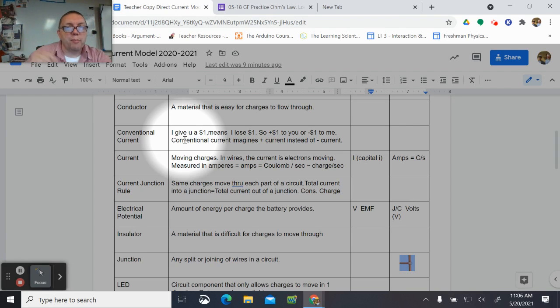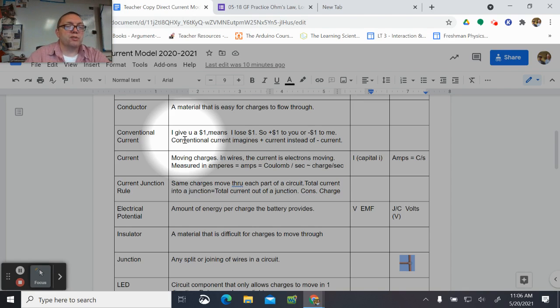So what we can say is that if I give you $1, I lost $1, you gained $1. So we can say it's a +1 to you, which would be like conventional current, a positive going that way. Or we can think of it as a -1 to me, I lost $1, right? Both of those descriptions describe the exact same event.